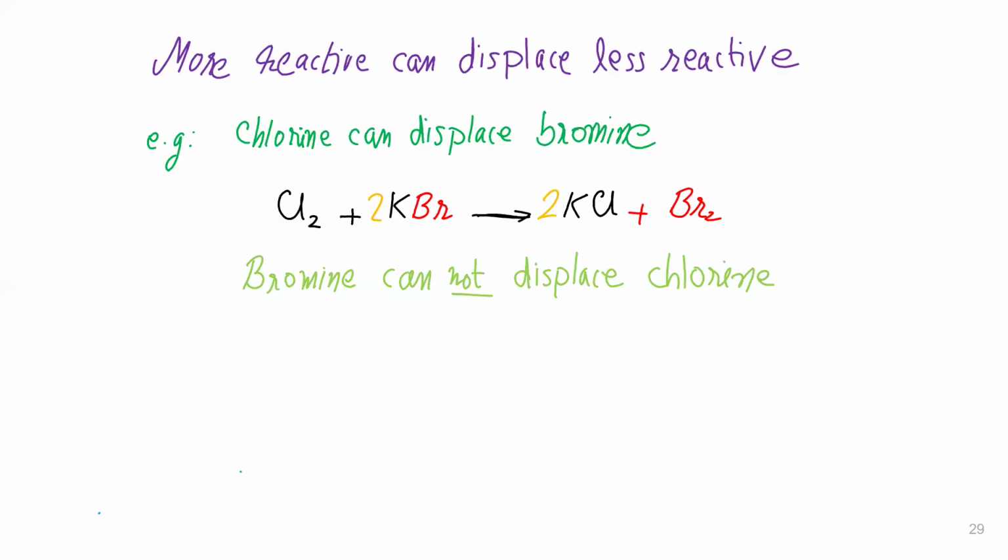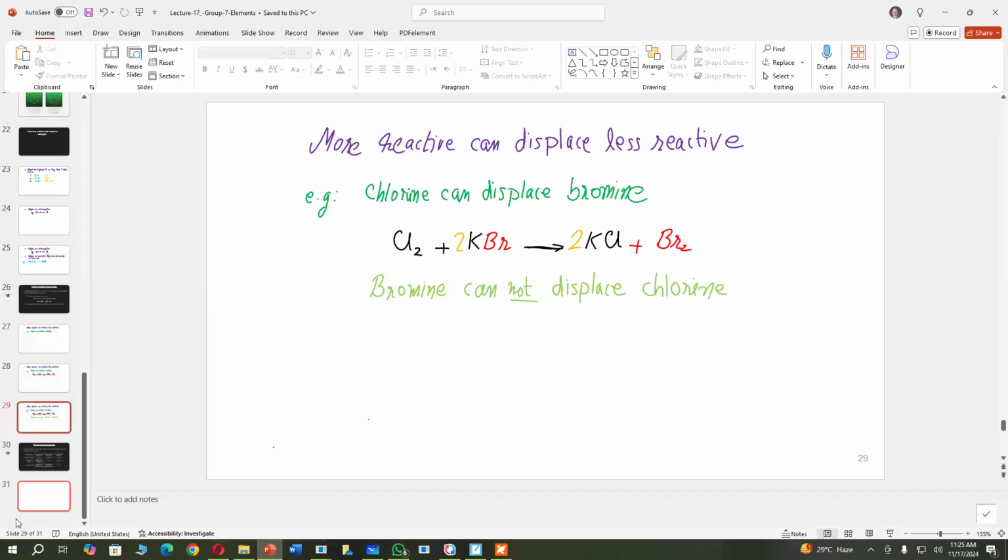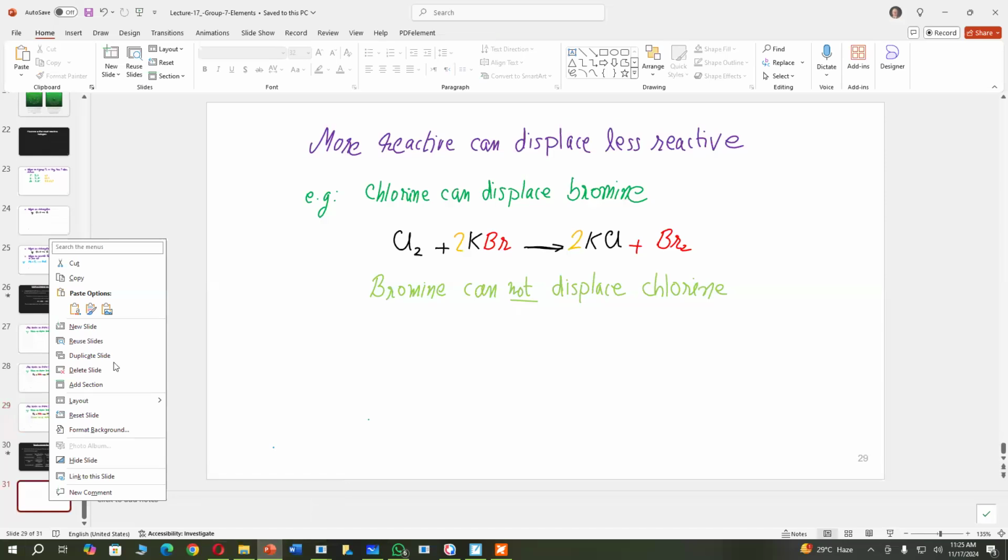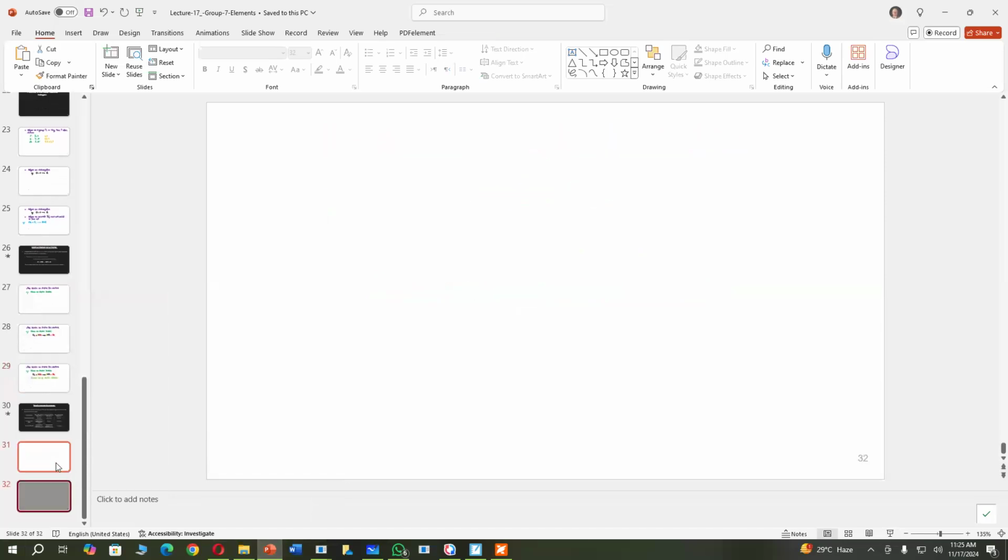So I will test you with this idea: bromine cannot displace chlorine. Why? Because chlorine is more reactive. Now look at this reaction: KBr plus I2.